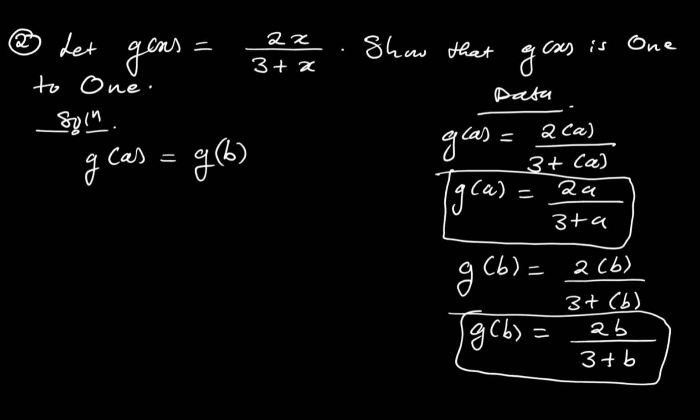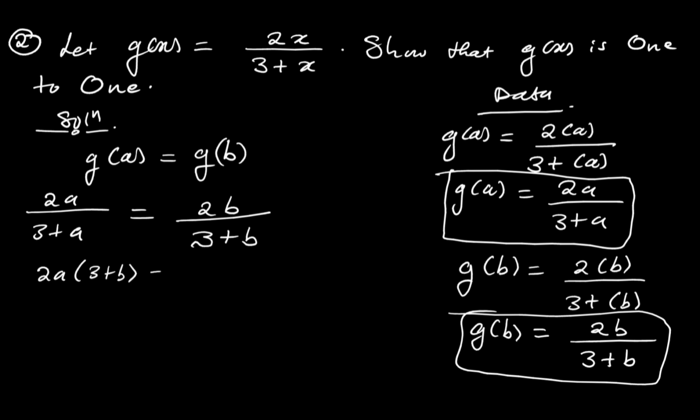Having this, all I have to do is to plug back in this side and the other side. So g at A, which is 2A over 3 plus A, is equal to g at B, which is 2B over 3 plus B. So all I can do is cross multiply, and I have 2A multiplying 3 plus B being equal to 2B multiplying 3 plus A. Now 2A times 3 will give me 6A. 2A times B will give me plus 2AB, is equal to this times that.